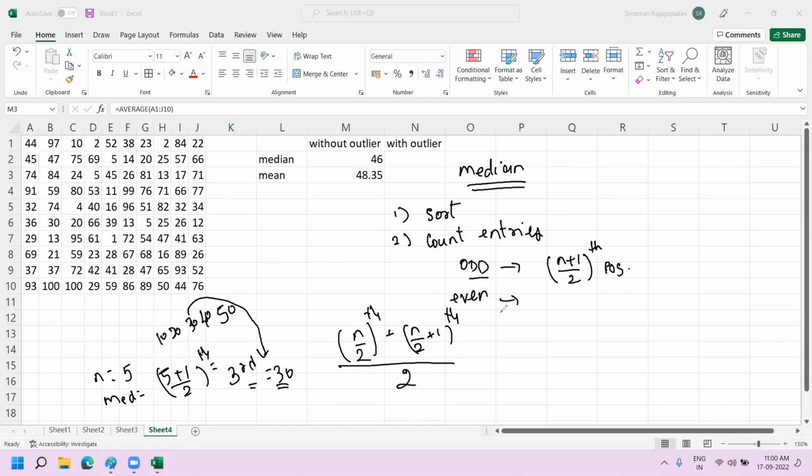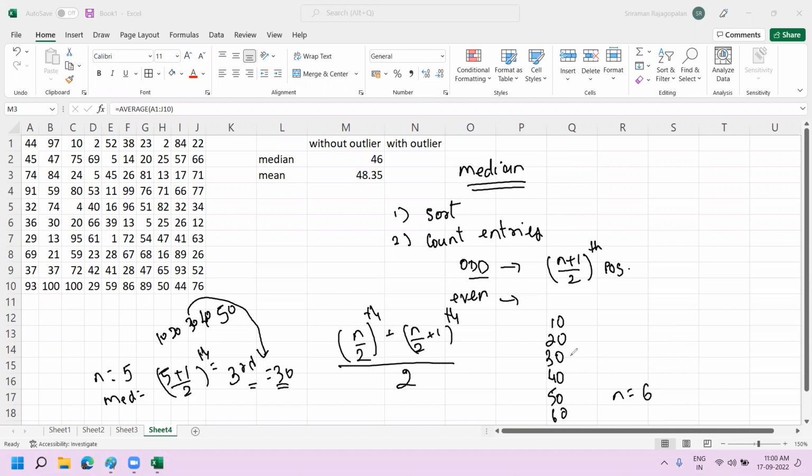So do the same calculation. 10, 20, 30, 40, 50, 60. What is n by 2? What is the value of n? 6. So n by 2 is 3.